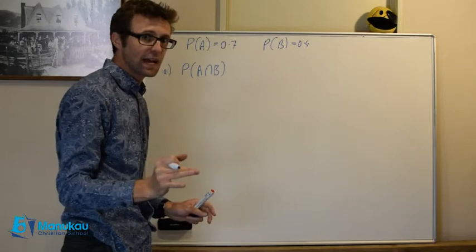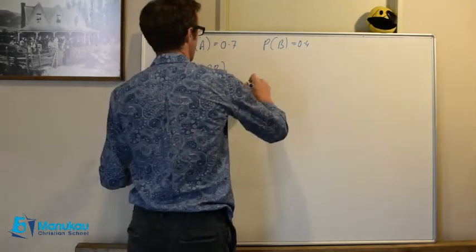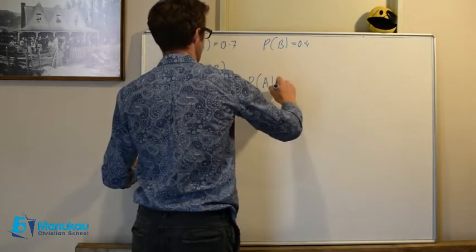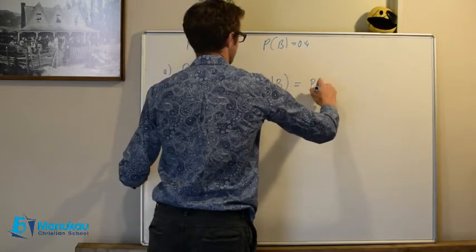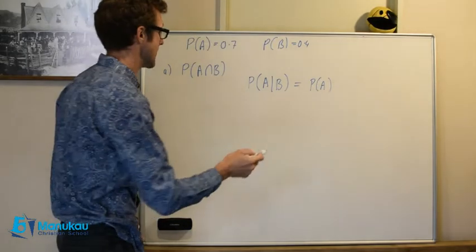Now, if they're independent, we know that the probability of A given B is equal to the probability of A, given the first law we learnt today.